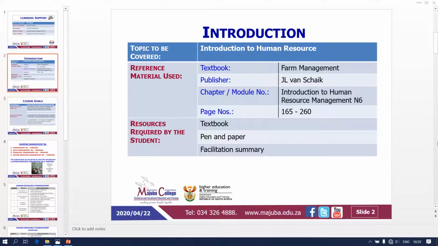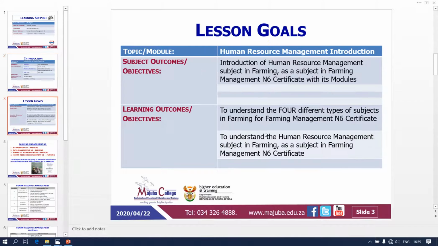The publisher is Van Schaik, and today it's just the introduction to Human Resource Management N6. We're going to page 165 to page 260. The resources that I'm going to need from you will be the textbook, the pen and the paper, as well as the facilitation summary if you have it, because it makes life easy. Okay, let's move on.